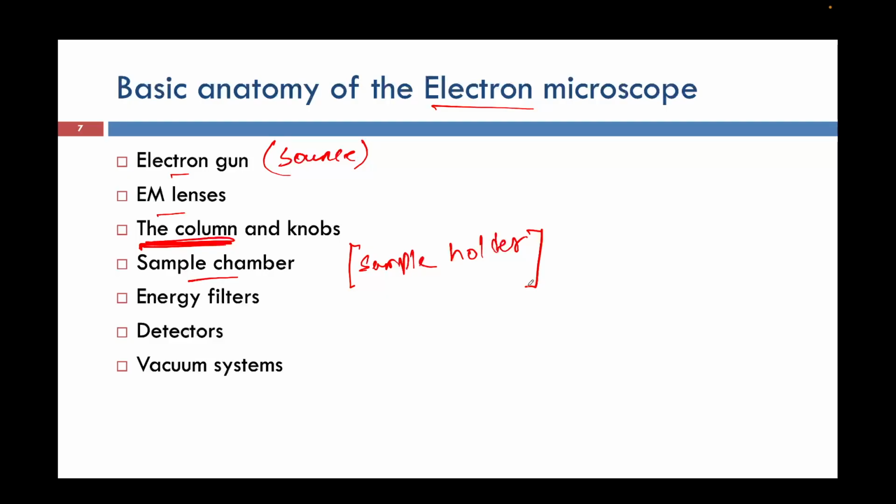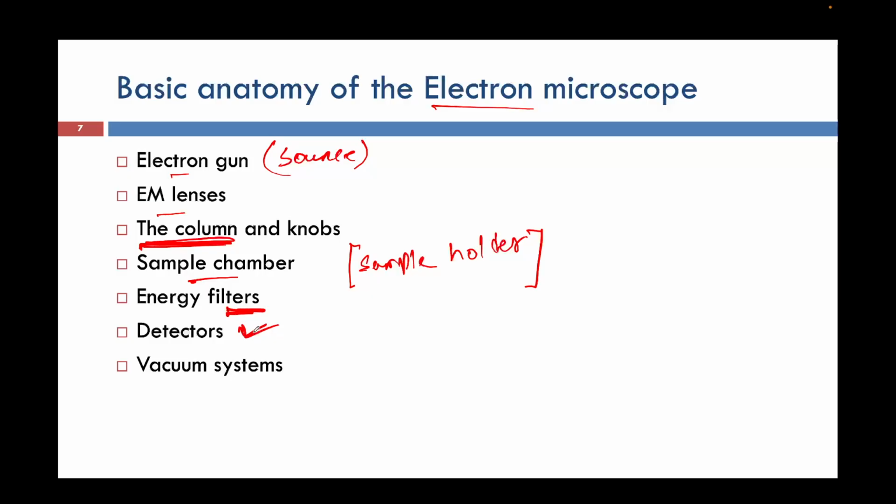To detect the energy loss we need energy filters, like a band pass filter and other such filters we will study. And then finally the detector. This is also an important system, because after the interaction the electrons will be collected and imaged through the detector system.